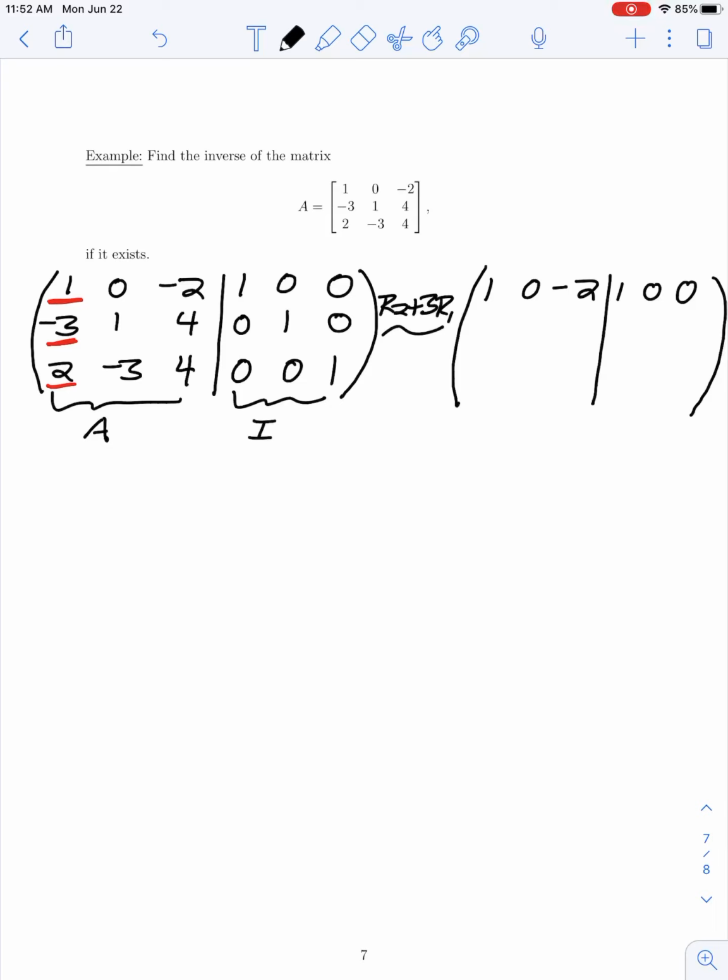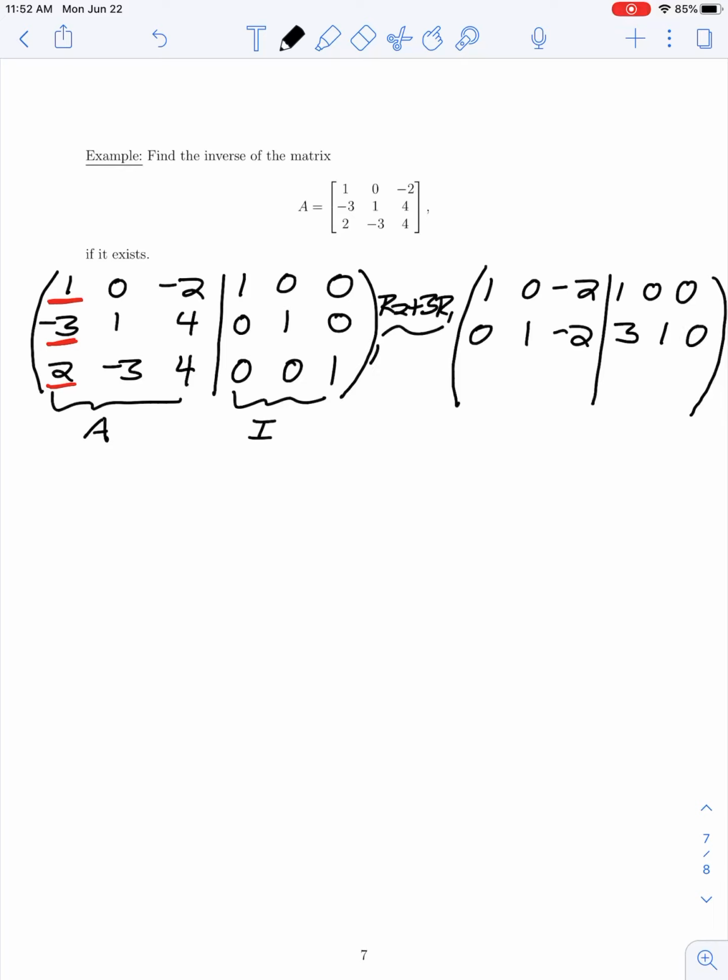And when I perform this operation on my second row, I get 3 minus 3 is 0, 0 plus 1 is 1, -6 plus 4 is -2. And then performing that same operation on the identity matrix on the right-hand side, I get 3, 1, 0.